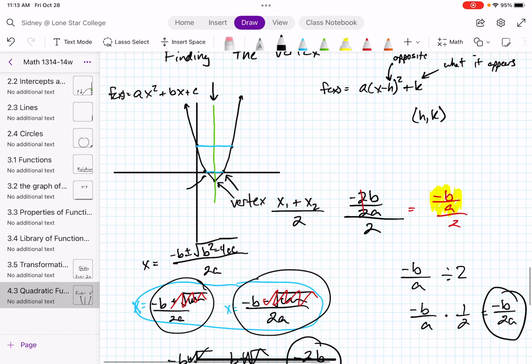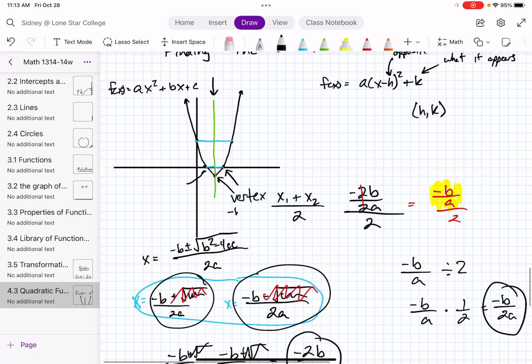So when I look at this, the vertex can be found by asking what is negative b over 2a, and that will give me the x coordinate of that vertex. So it's literally just negative b over 2a.